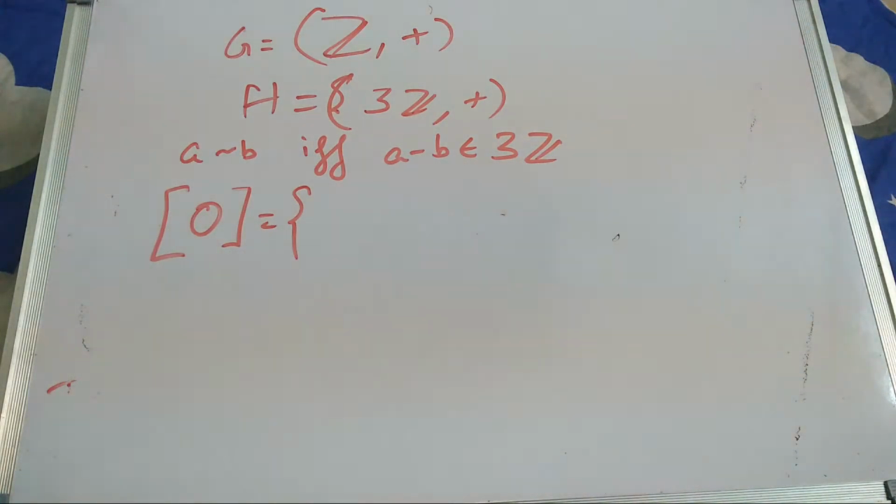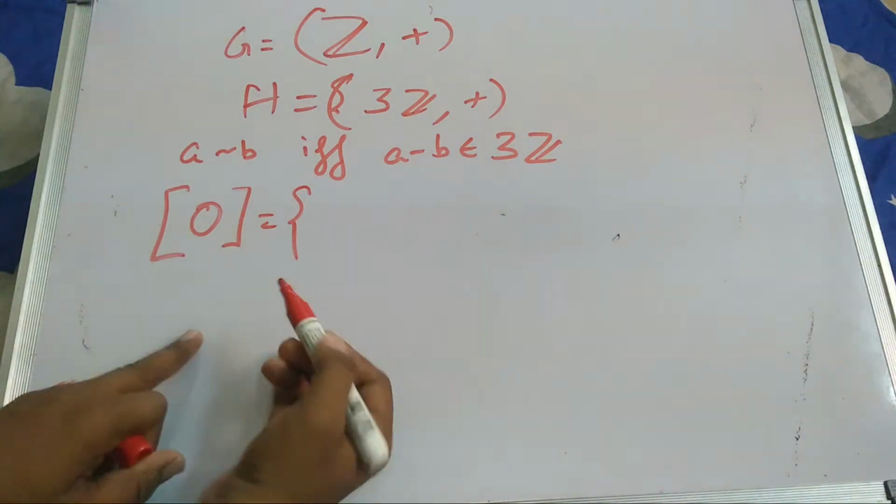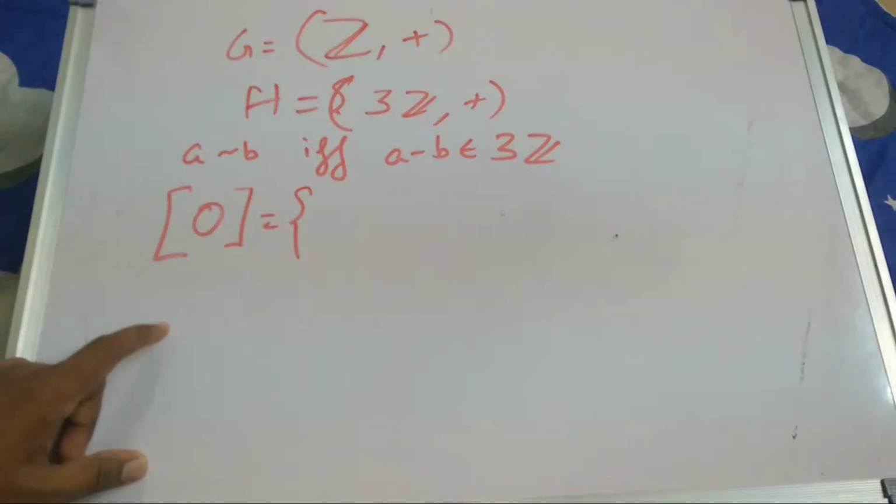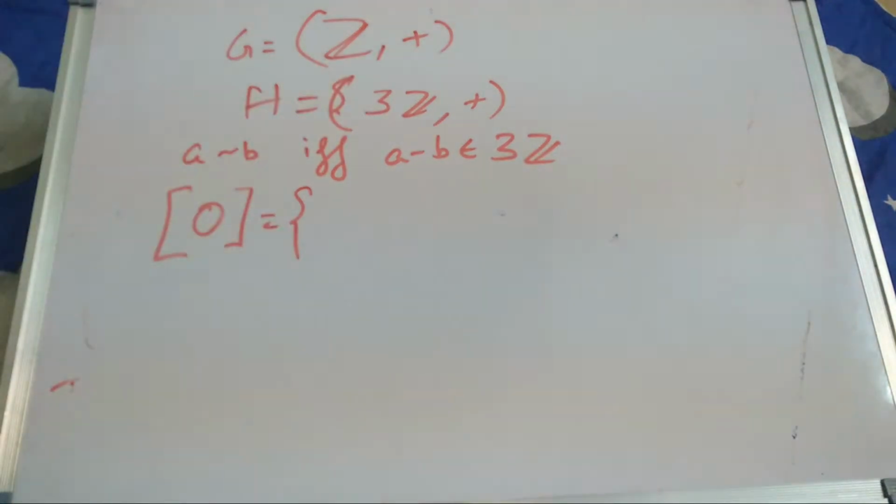Let us check why. Let us check whether 1 is related. 0 minus 1 is going to be minus 1, which is not in 3Z. So 1 is not related. In the same way, 2 is not related. 3 will be related because 0 minus 3 is minus 3, which belongs to 3Z.